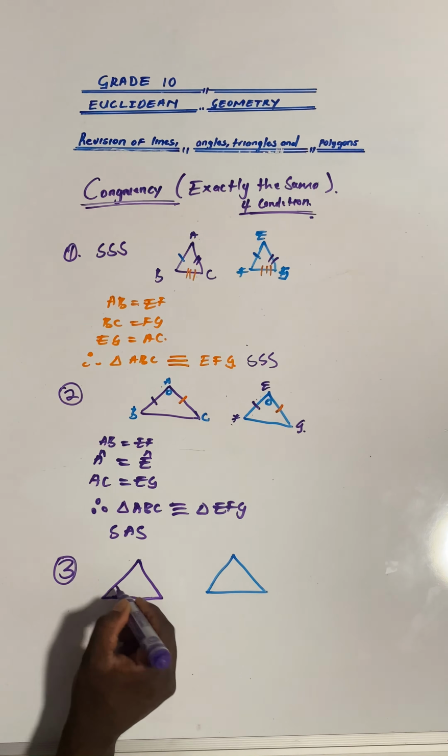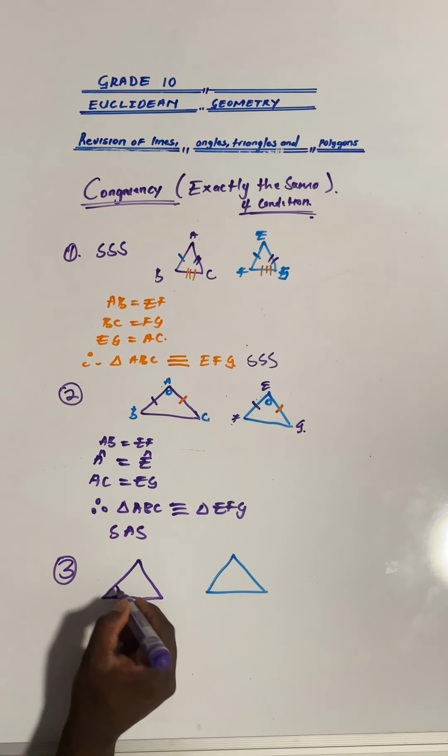So we must have an angle, right? After having an angle, we must have another angle. After having another angle, we can have a side. So in this case, you just need to have two angles that are the same and one side. So if I say this is A, B, C, and let me name that to be E, F, G, what needs to happen here?